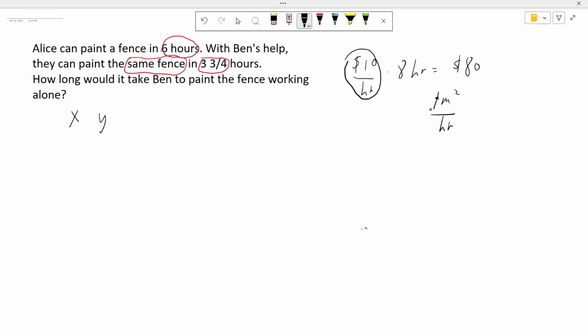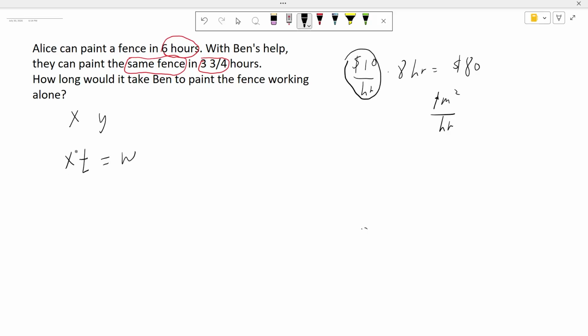So this is just a section of the fence that's painted per hour, right? A rate is like that. So we can have X represent such a rate, and rate times time, the duration that you engage in that activity, would equal the amount of work done.